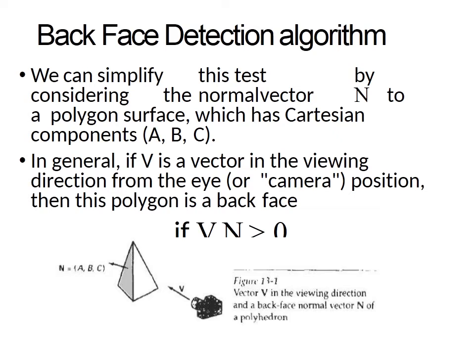Then this polygon is a backface if V·N is greater than 0. So we consider the vector V in the viewing direction and the backface normal vector N of a polyhedron. This figure, which looks like a pyramid, is called a polyhedron, and the viewing position is described by vector V.